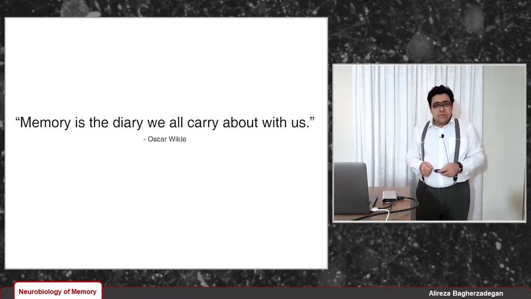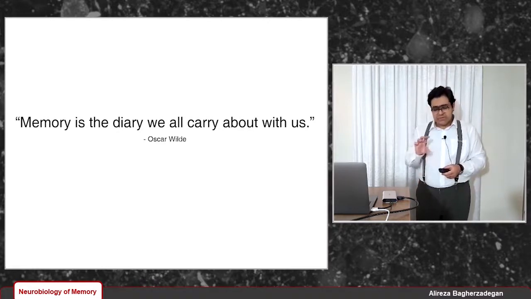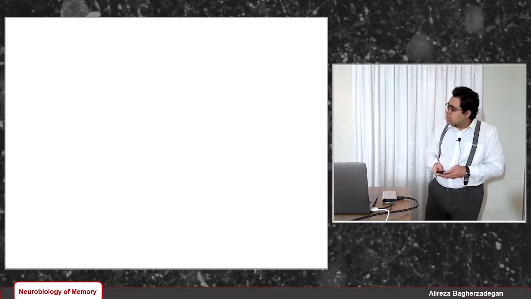Other cognitive faculties in the human mind or brain, like sentence processing, logical thinking, problem solving, and many other cognitive functions rely on some forms of memory to some extent to function properly. So memory has a very central role in our lives.